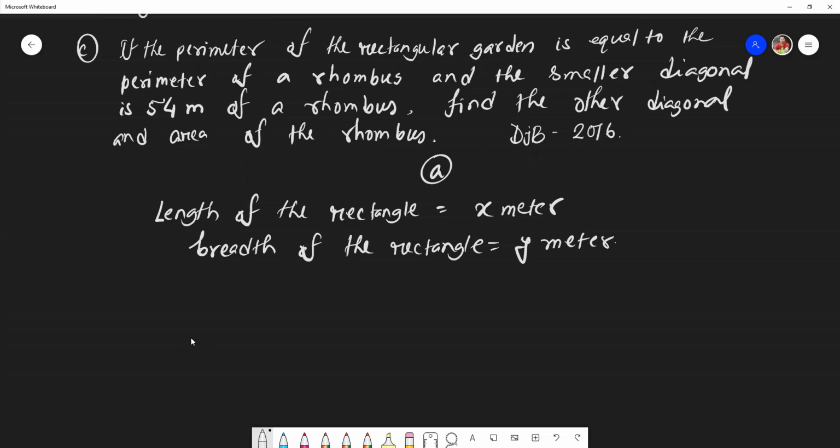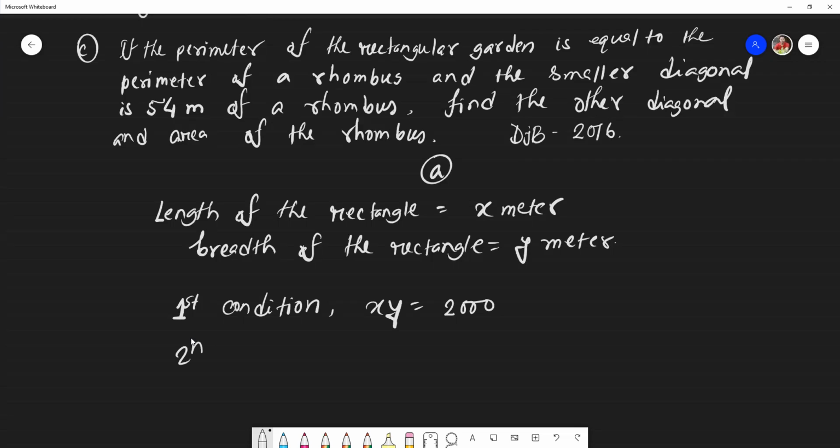The first condition: the area, length multiplied by breadth, is according to the question 2000 square meters.